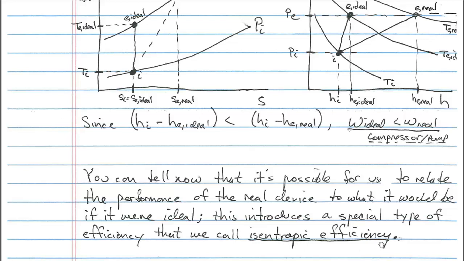So all semester long, we talk about several different types of efficiencies, and for the most part, the general definition of efficiency is what you get divided by what you pay for. The one exception to that definition is isentropic efficiency. Isentropic efficiency is not what you get divided by what you pay for. And in fact, if you're curious about what people who study and talk and think about thermodynamics all the time talk about, this is one of the things that we talk about.